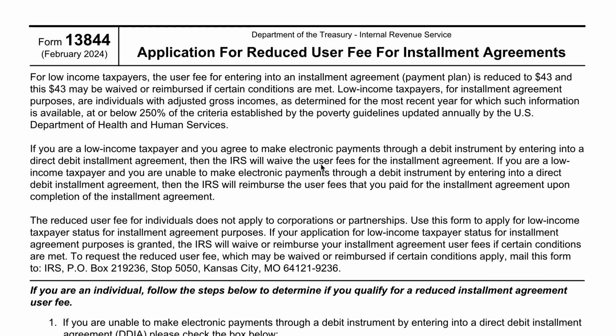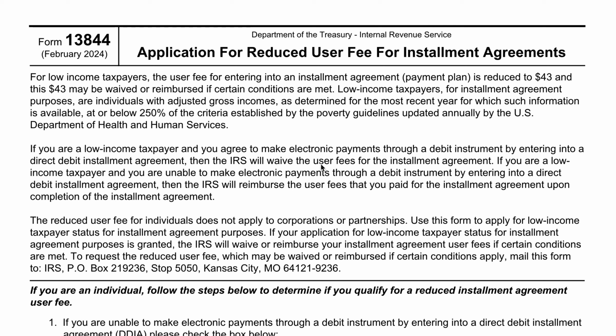This is compared to the standard user fee, which can range up to as high as $225. And again, this is to set up an installment agreement, and it basically depends on the type of installment agreement that you're setting up, the type of payment plan, and how you set that plan up.